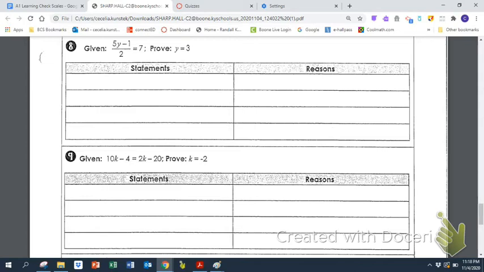So we need to do that with this. We're just going to rewrite 5y minus 1 over 2, and also put the number 1. That's our first step. Put number 1 there. Is equal to 7. And that is given. Remember, that's always going to be your first one, you're going to call that given.